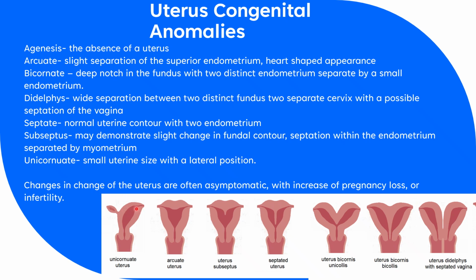Okay, so those are our congenital anomalies of the uterus. Small variations between the endometrium, the fundus, and the number of cornua that we have. Now, with all of these, except for the normal uterus, as soon as we have an issue with the formation of the uterus, we have increased our risk for pregnancy loss or infertility.